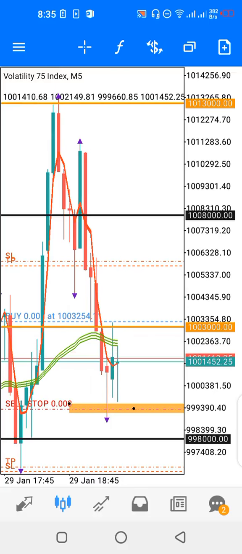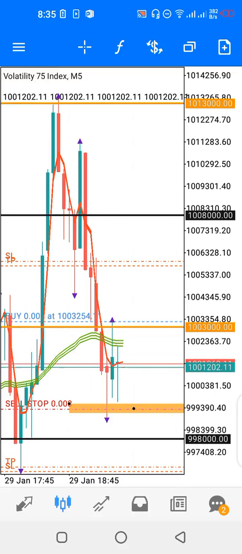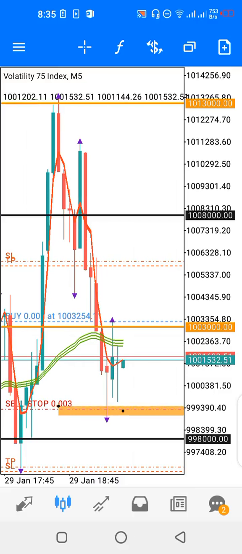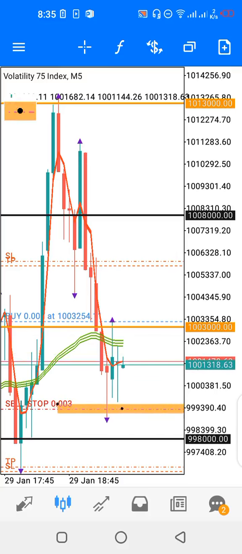So the starting lot is 0.001. The first hedge is 0.003, which is what we have around here. Second hedge is 0.008. Third and final hedge is 0.024. That's the lot size.